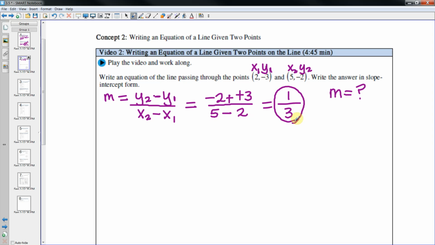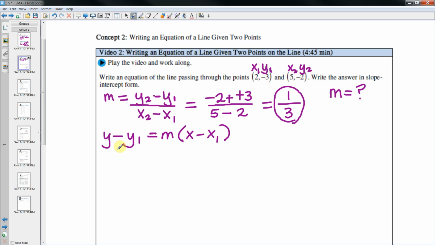So now I'm going to put this in the point-slope formula. In my point-slope formula, y minus y1 equals m times x minus x1. And you'll use either one of these points that I labeled at the top for your x1 and y1. Since we already have the first one labeled x1, y1, we can use it.